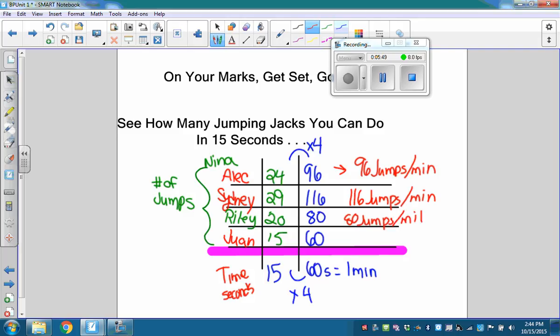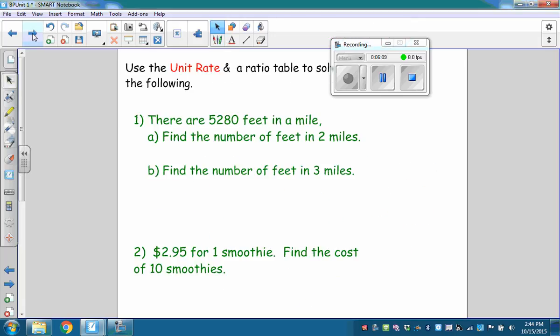And then the last one, 60 jumps per minute. Juan, how many jumps per second would you do? 1, right? He'd also have another unit rate, 1 jump per second. So those are samples of unit rates. Your job is to be able to find a unit rate. We just did that. And use a unit rate. We're going to do that.